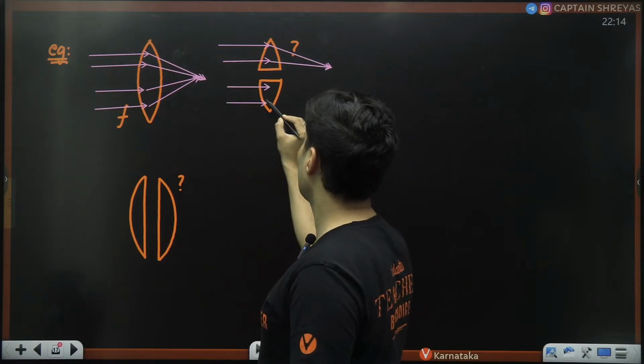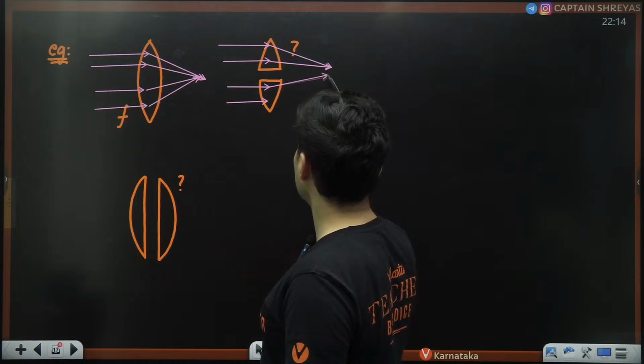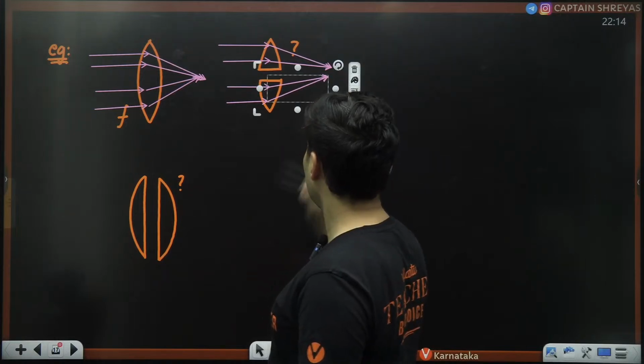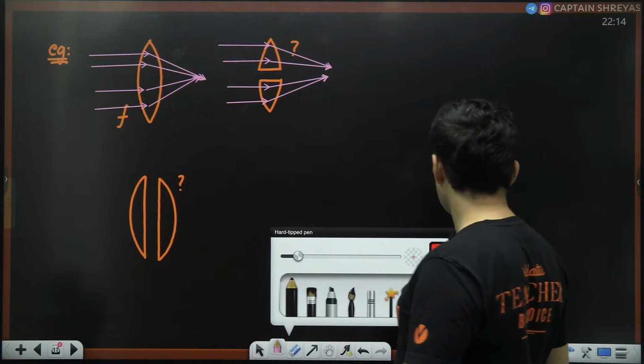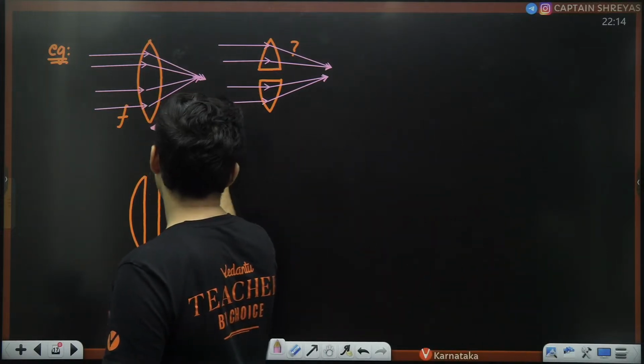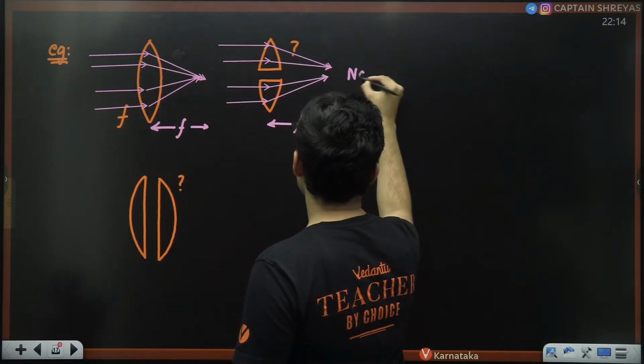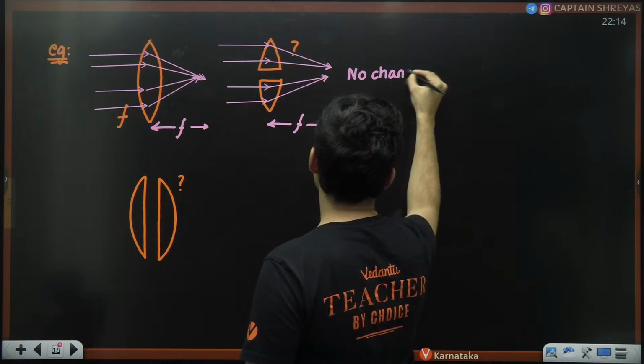This will have no difference on the focal point. It will still meet right over here. So there is no change in this case. If the focal length is f, this will also be f.